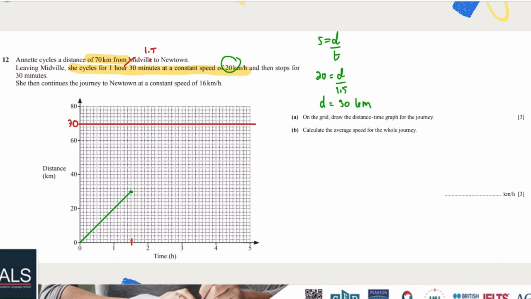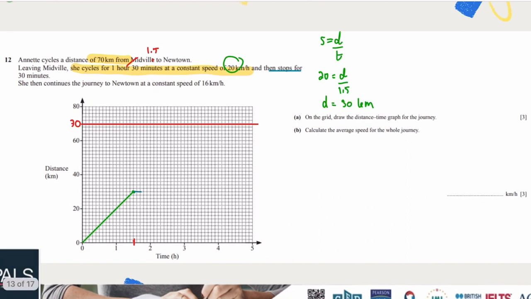And then she stopped for 30 minutes. And then she continued the journey to Newtown at a constant speed of 16 kilometers per hour. We do the same thing with this.